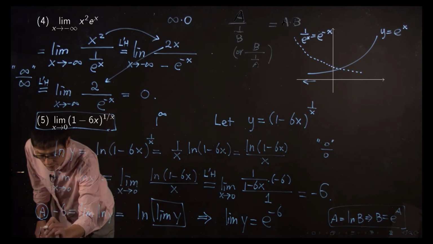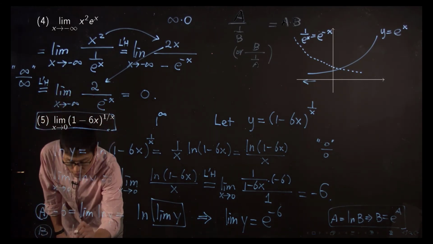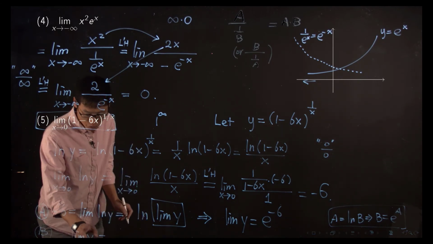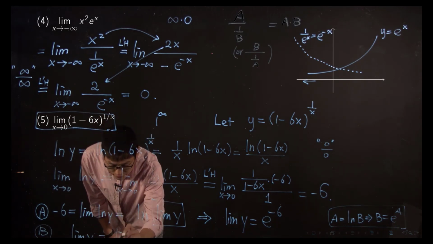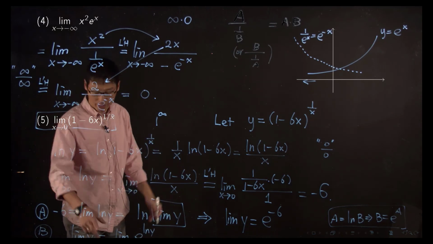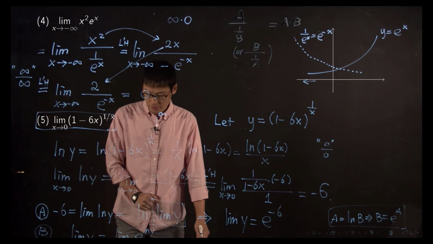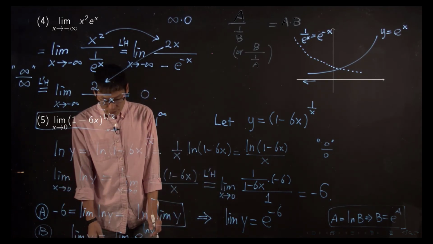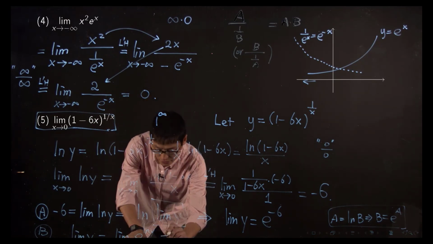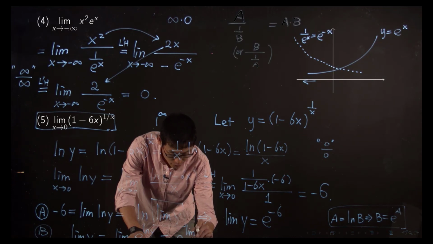Or secondly, we can use some rewriting. So the limit of y is, for any number or expression, e to the ln y. So we are using the property that whatever equals e to the ln of whatever. And as we know, this is e to the limit of ln y.